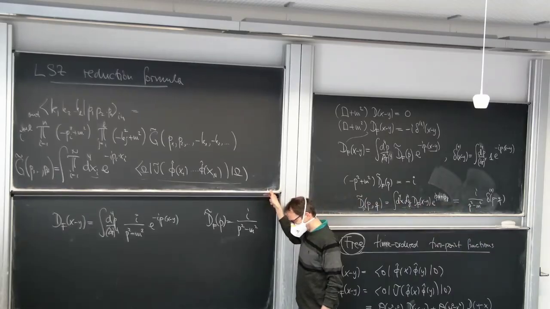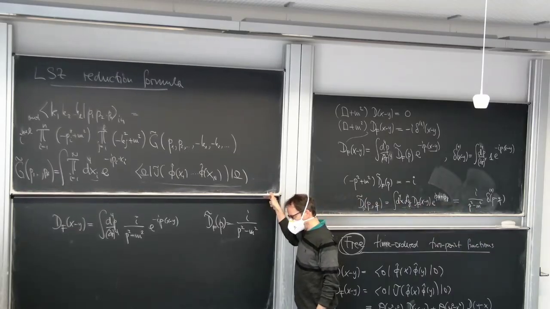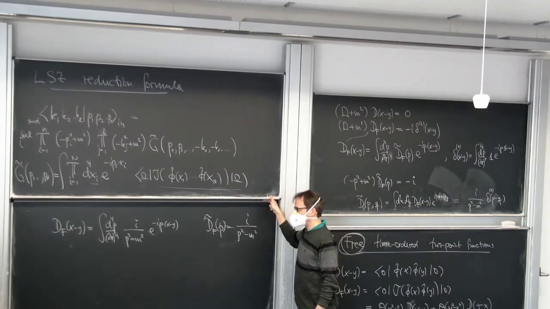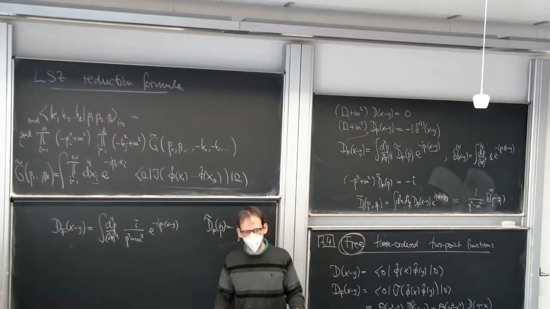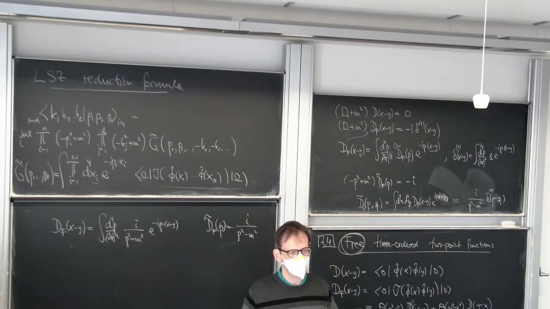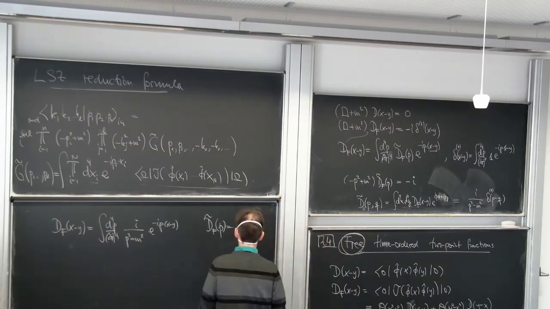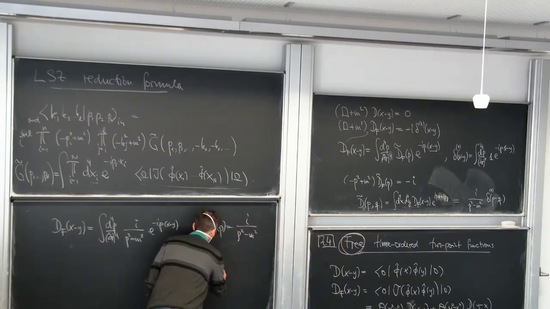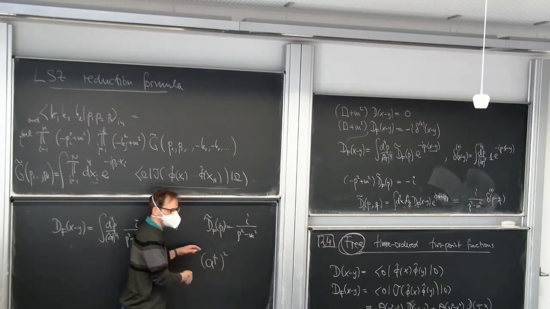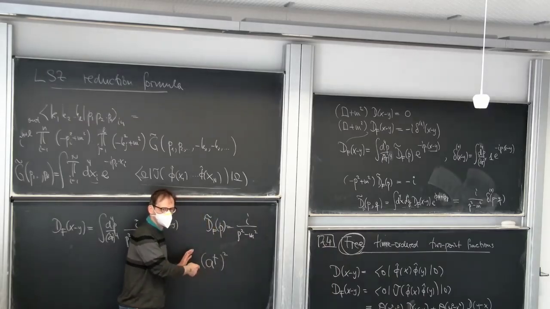Yeah, I think for safety, I'll just exclude them because they're special cases, but there's a way to treat this too. If you have two of the same, you don't have to have a different normalization, and you can write more complicated formulas.